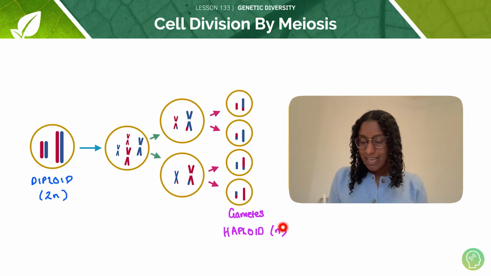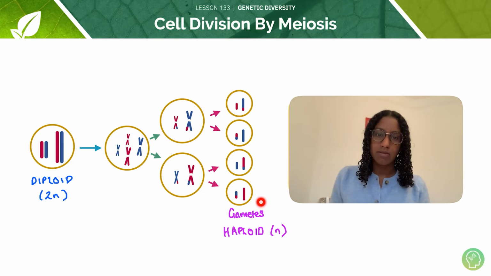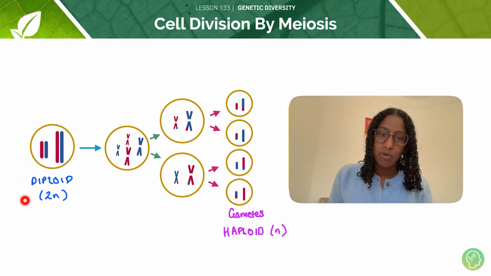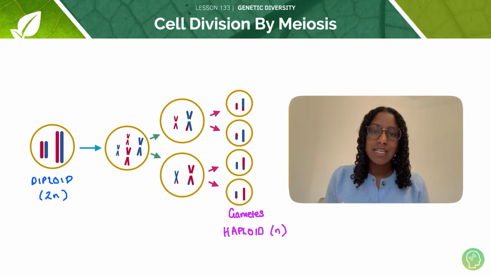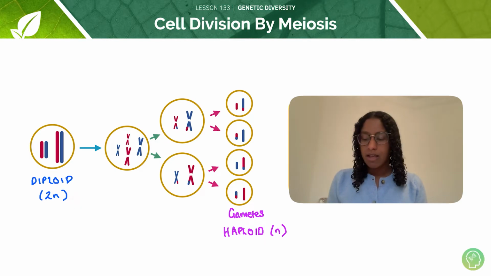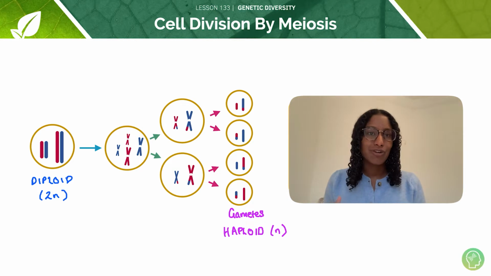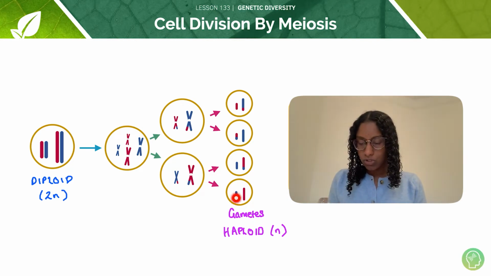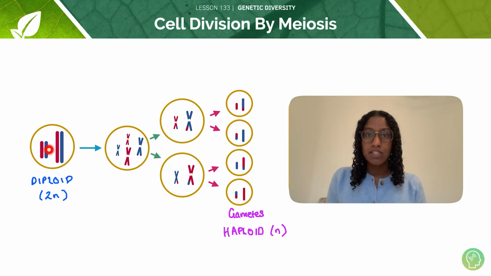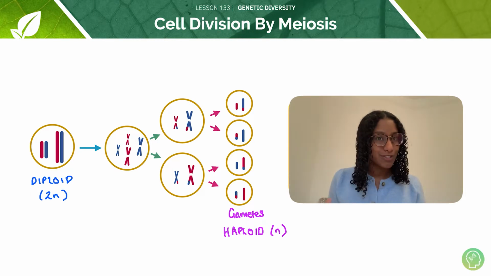Remember, diploid cells are called diploid because each cell contains 2 of each chromosome, one from mum and one from dad. In gametes, which are haploid cells, there's only 1 copy of each chromosome. You can see that here. For example, there's only 1 copy of the shorter chromosome, whereas in the diploid cell there are 2 copies of the shorter chromosome.